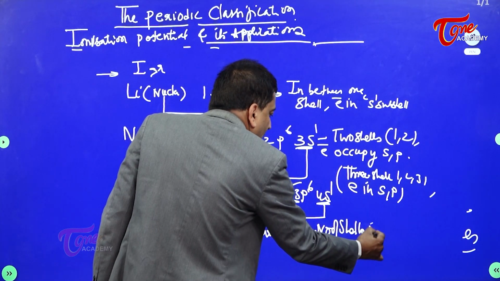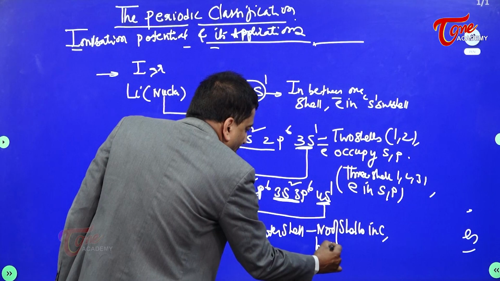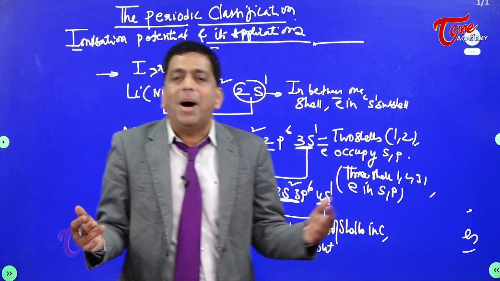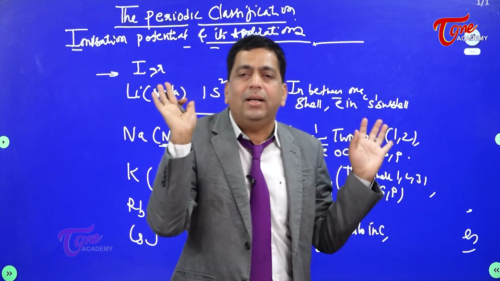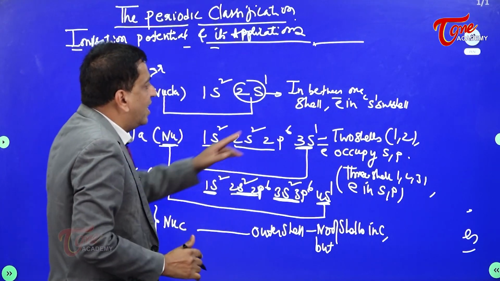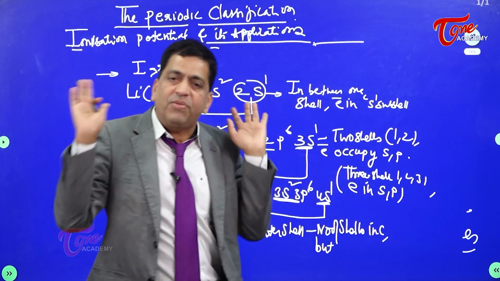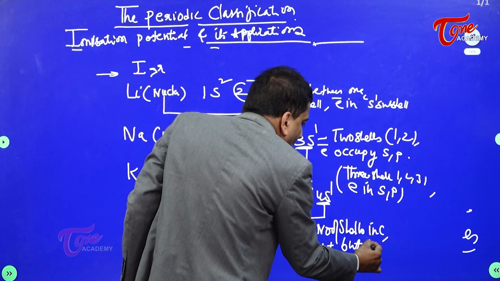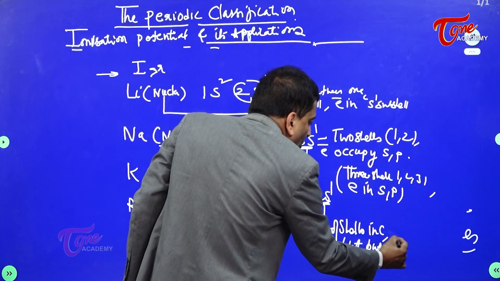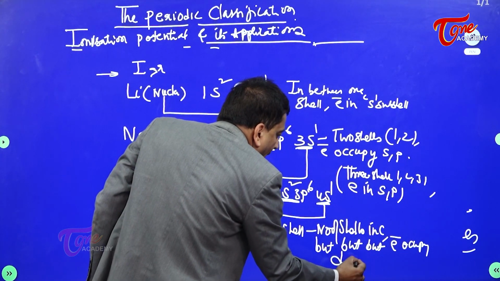But I draw the attention, please. Here it is 1, then 2 shells, then it became 3 shells. Here also the number of shells increase. But electrons occupy D, F.